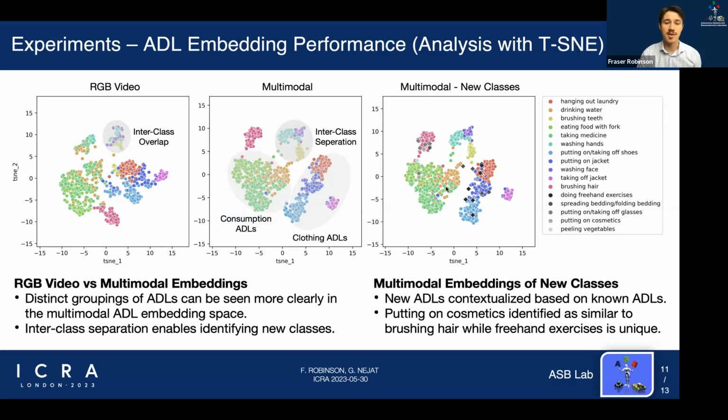You can see the RGB video compared to the multimodal approach and the ADL embedding spaces that they represent, where inter-class separation is increased and there are more distinct pockets of similarly linked ADLs. Multimodal embeddings of new classes show that new ADLs can be contextualized based on the known activities, such as putting on cosmetics being similar to brushing hair, while freehand exercises is unique amongst all ADLs.